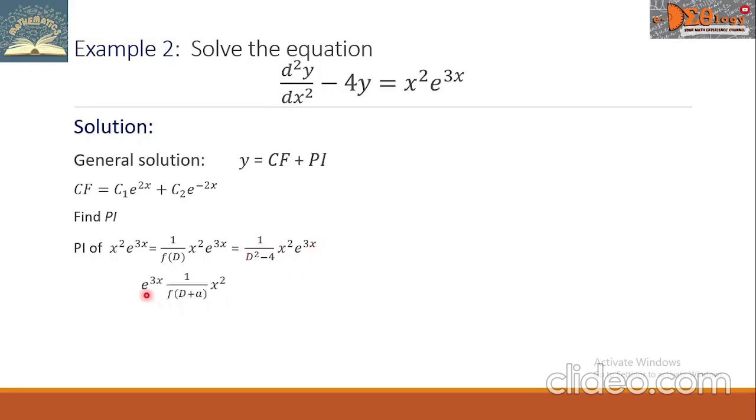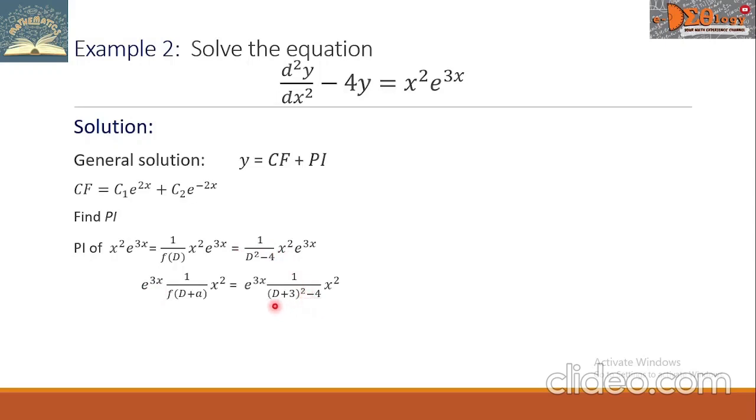So it becomes like this. Next, we're going to evaluate the D squared minus 4 with respect to D plus a. The value of a here is the coefficient of x, which is 3, and that is the exponent for the e. So the denominator here now becomes the quantity D plus 3, that is squared, then minus 4.